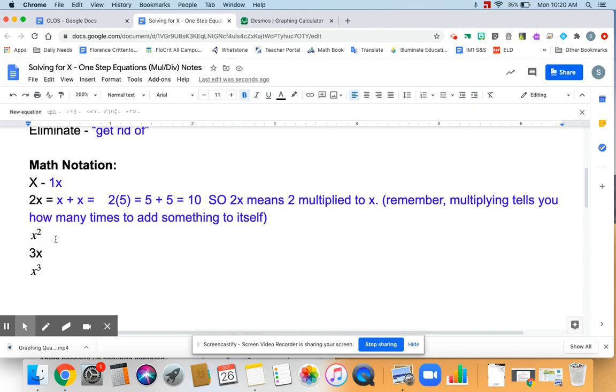So this math notation could be read in many different ways. So I'm going to write how we can read it real fast. So you can say x squared. That's the most common one. You can also say x with an exponent of 2, because a little number in the upper right-hand corner is called an exponent.